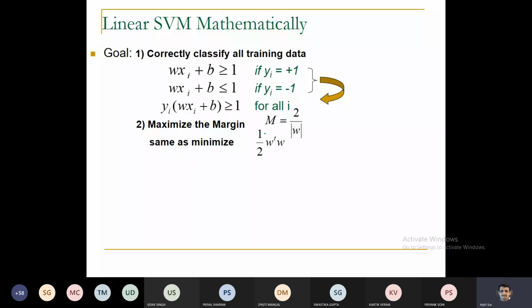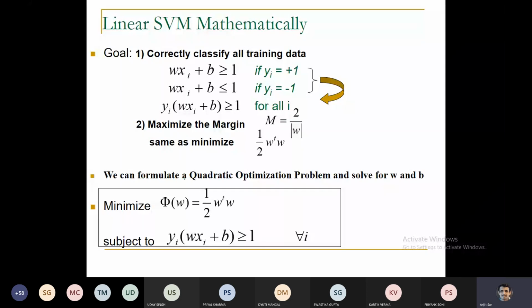And we formulate our quadratic optimization problem, the problem to solve for W and b: minimize half of W transpose W, subject to yi (W xi + b) greater than or equal to 1 for all i. So this is a constrained optimization problem, and then we have to solve it. That we'll start today.